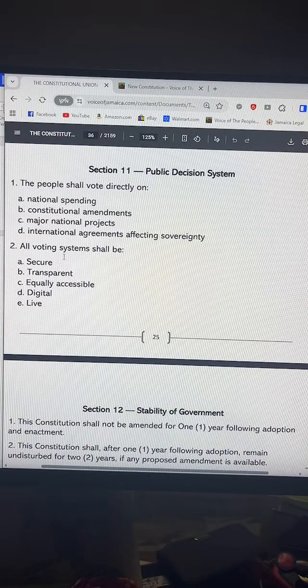When you vote now, they can tell who you vote for. Well, I don't know how the current voting system works, but from what I can see, I personally, I can only speak for myself, I don't trust it. Absolutely not.